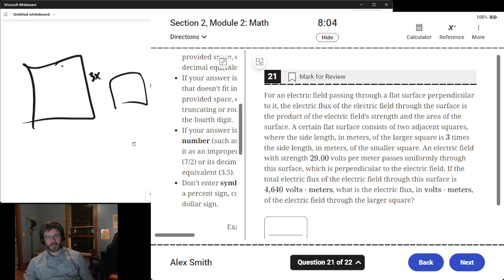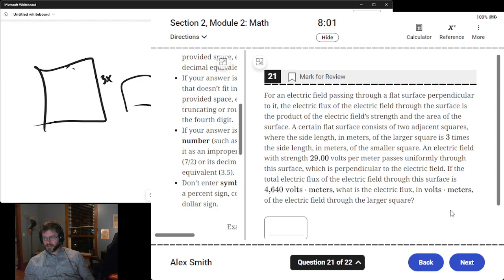Okay. An electric field with strength 29 passes uniformly through this surface, which is perpendicular to the field, so 29 times these areas. If the total electric flux through the surface is that, so 2 adjacent squares. Okay. So they're giving us the result, 4640 equals 29 times the area of the first, 9x squared, plus the area of the second, x squared.